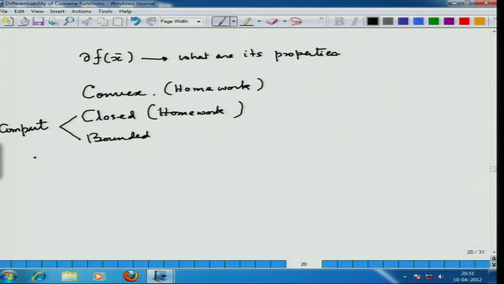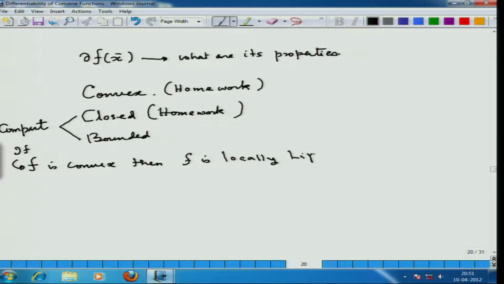What we first should know is that if f is convex, then f is locally Lipschitz.